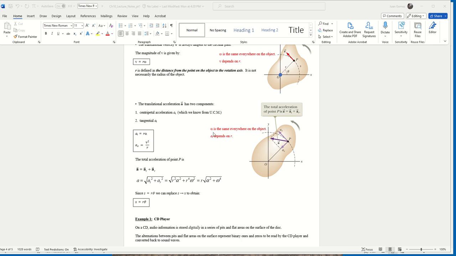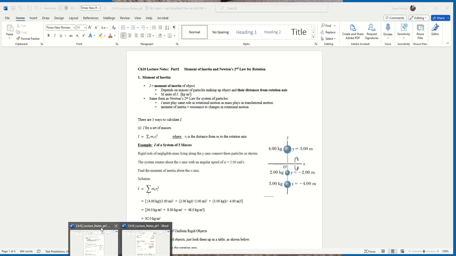That's the definition of R. It's the distance from the point on the object to the pivot. So obviously AT is going to be different depending upon the location. But remember, every point on the rod has the same alpha. So in general, AT is R times alpha.